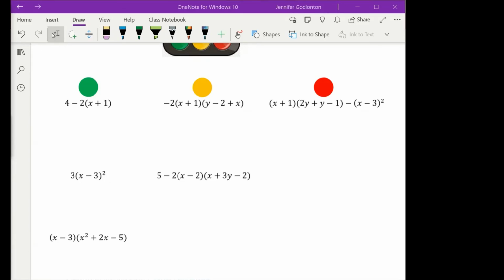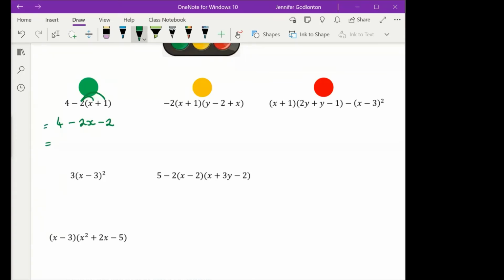I left the 4 behind, and then I said -2 times x, then I got 4 minus -2x. Good. And then I said -2 times +1, which I got -2. Good. And then I stopped there.